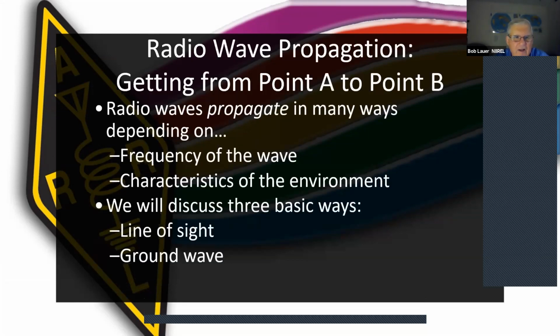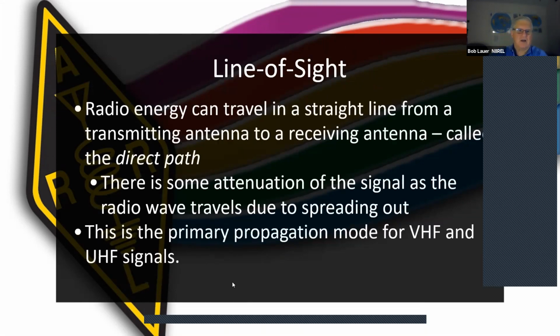Okay. This is the formal part of the presentation, and I just want to make sure that we got all the nomenclature here. We talked about line of sight. We talked about ground wave. We talked about sky wave. Line of sight, also called direct path. Okay, we can talk about poor Hugh and where he is right now, which is about what, three hours north of where we are?